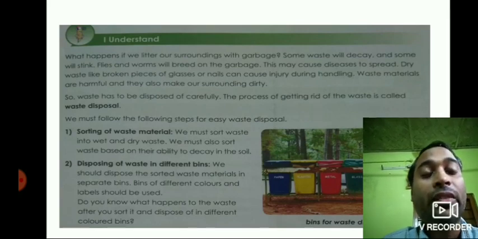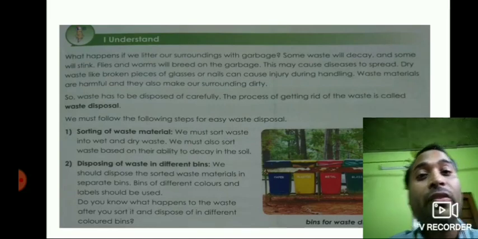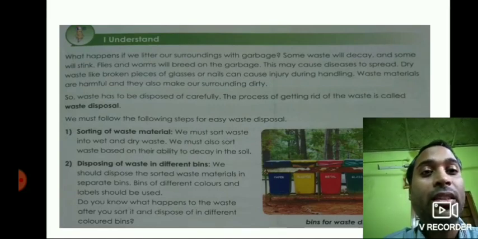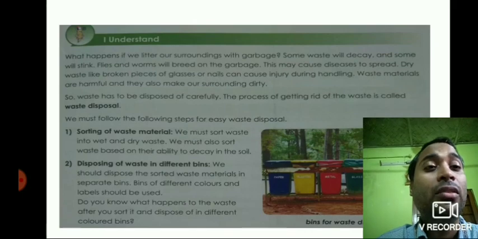Else, we have already studied in the chapter disease that if we keep our surrounding dirty and unhygienic, what will happen? Diseases will spread because of the growth of microorganisms in the surrounding. Hence we should try to clean our surrounding, keep the surrounding very clean.